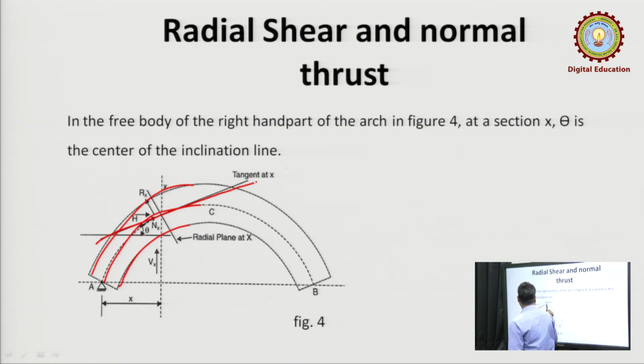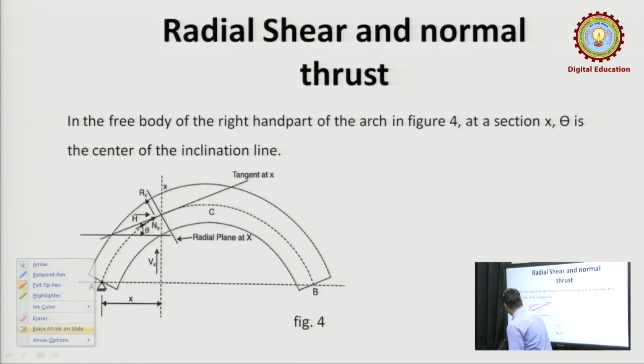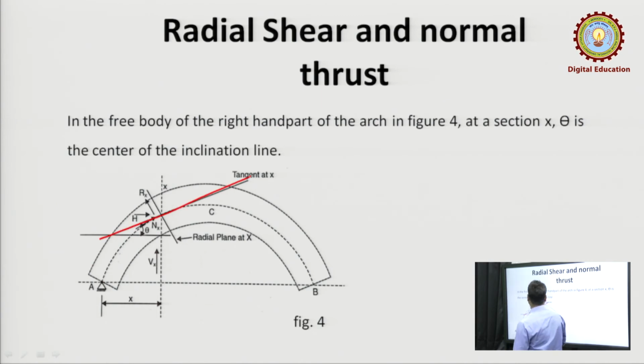Take a tangent. This is the tangent of the axis. Take a perpendicular to this tangent. Along the perpendicular you will get the radial shear, and along the tangent you will get the normal thrust.